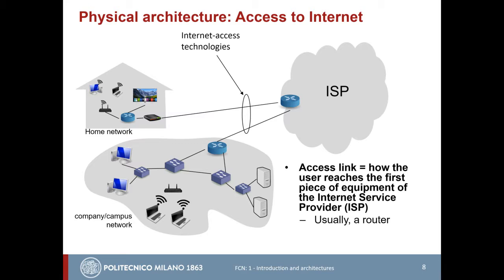Usually, the nodes are owned by entities that are called internet service providers, which are companies specialized in providing the connection service, the connectivity service. So from your house, for example, you have to connect to the first router of the internet service provider that is providing you the connection. So it's the one to which you pay the fee, the connection fee.